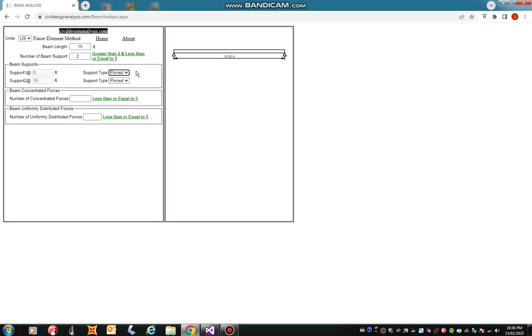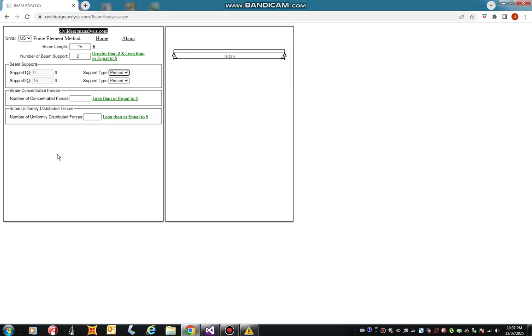If you want a fixed support here, you can also have a pin on the other side, or make it free. So this is going to be a cantilever beam. This is a stable beam, but we're going to go back to the simply supported beam.